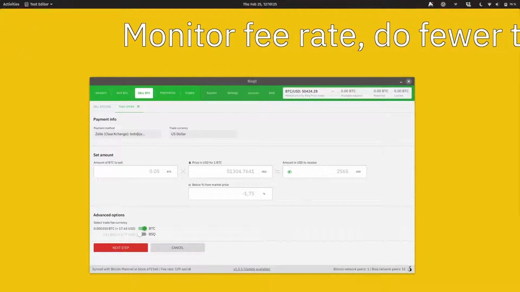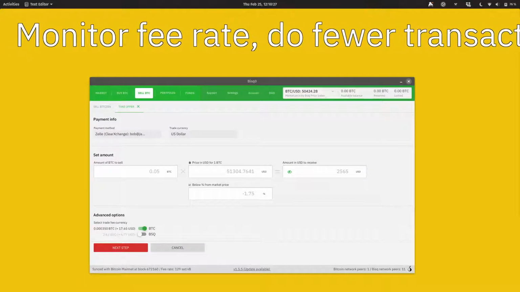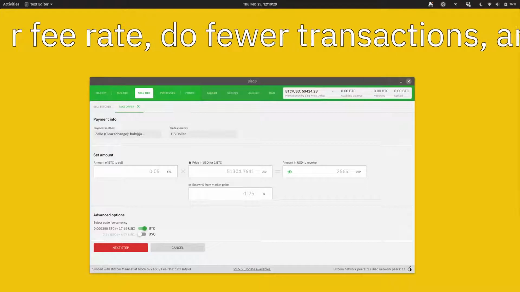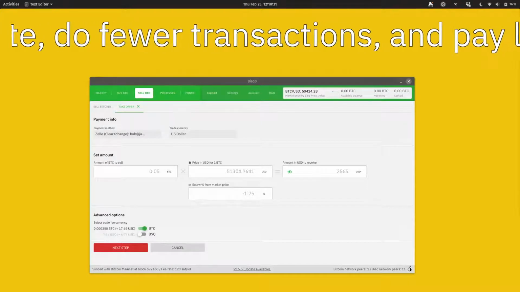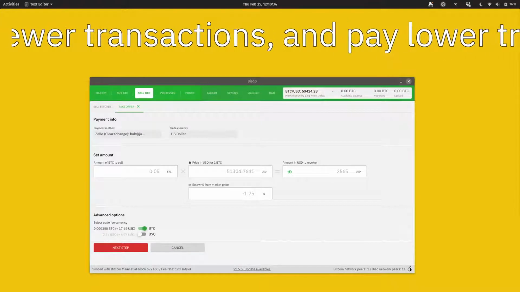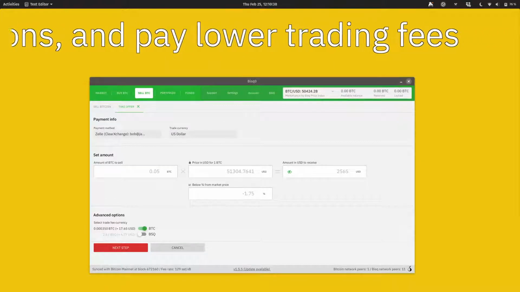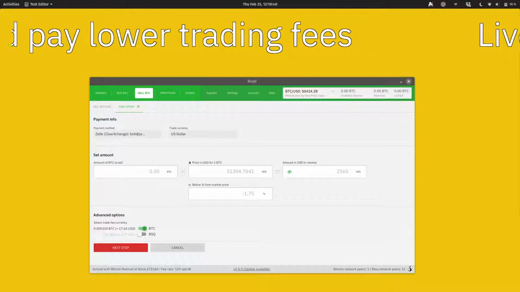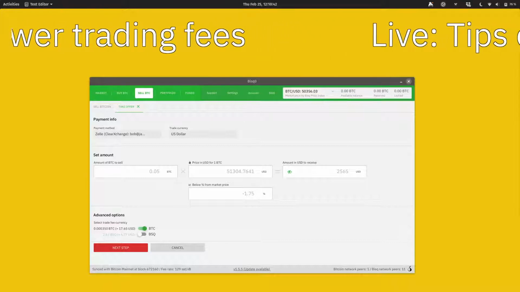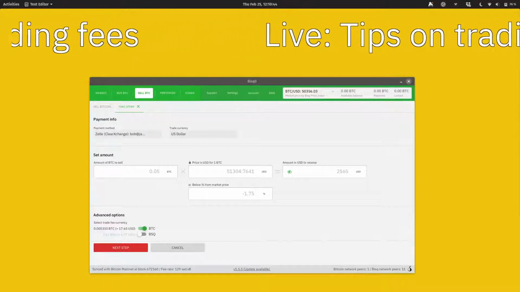Also, with bigger trades, pricing tends to be better. There was a blog post posted last year on the Bisq blog, which I'll link to after this call, that goes through the average premiums that people pay on Bisq, broken down by trade size.